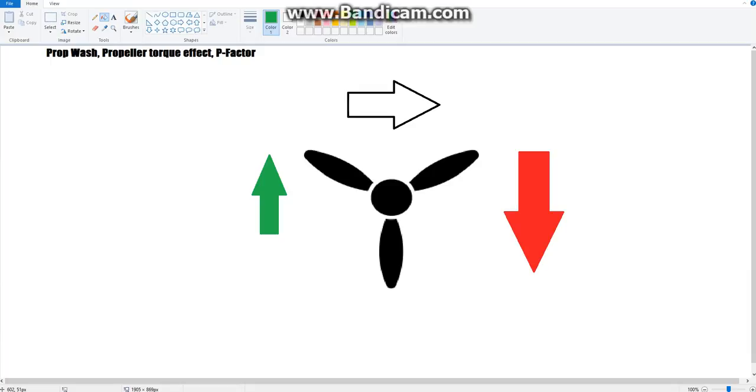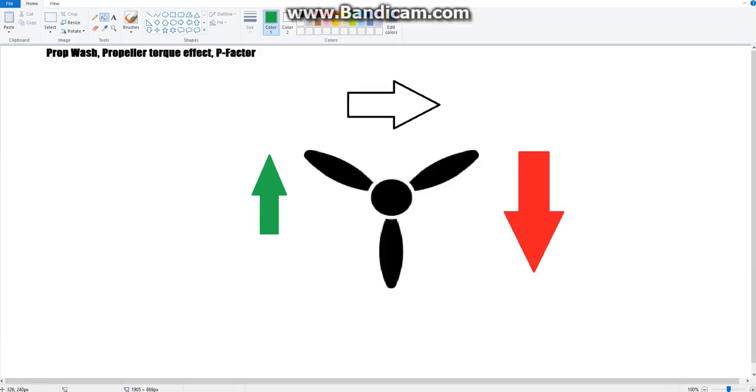All three of these effects are only an issue on pull prop driven aircraft. And what I mean by pull prop is the propellers in the front. There are some planes in the world in which the prop is at the back of the plane pushing.